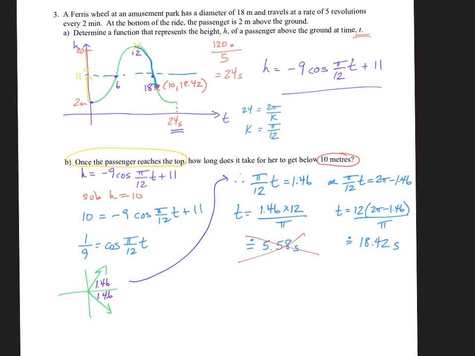Notice that the 5.58 is actually inadmissible. Not in our solution, so don't think that we have to mark it inadmissible, but it's inadmissible for us to use it because it would represent the time when we were rising to 10.